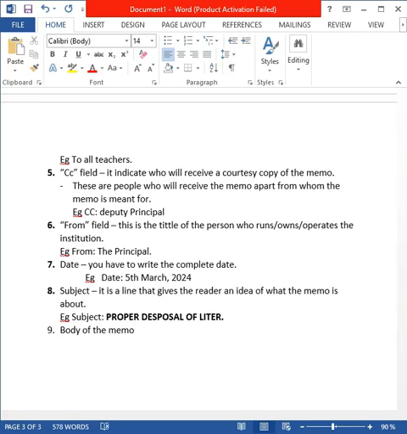Now the body of the memo, here is where we have a lot of content and we have the grammar marks. The grammar and the content, even the language marks, are also found in the body of the memo.